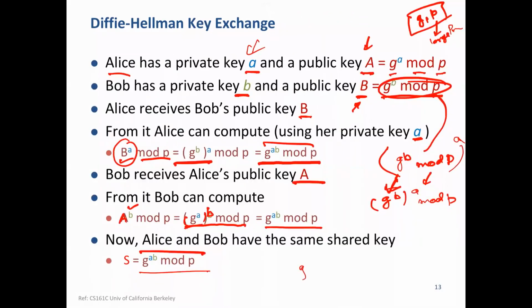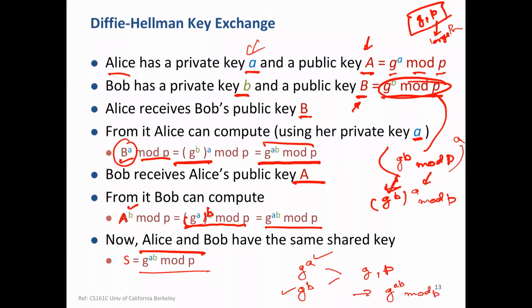She will get g raised to the power a and g raised to the power b, of course in mod. So can she get from these g raised to the power ab by mathematical manipulation? Can she get it? Yes or no? She also knows these numbers g and p. She knows g, p, g raised to the power a, g raised to the power b. Can she get out of this g raised to the power ab mod p?